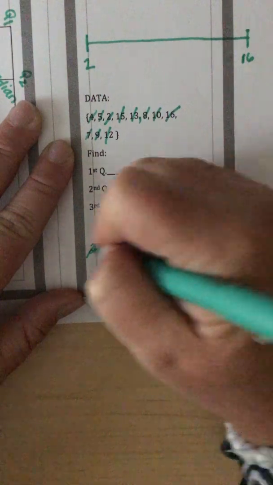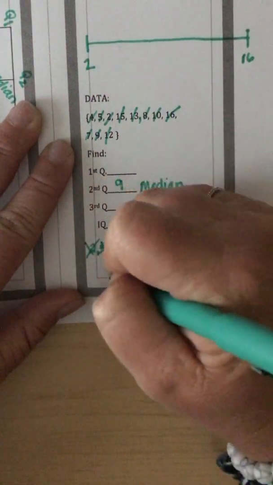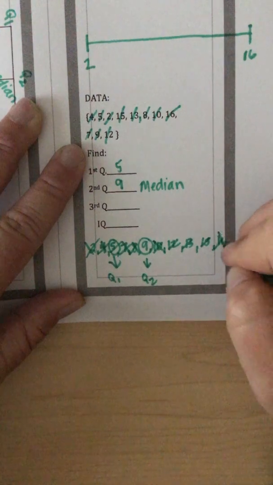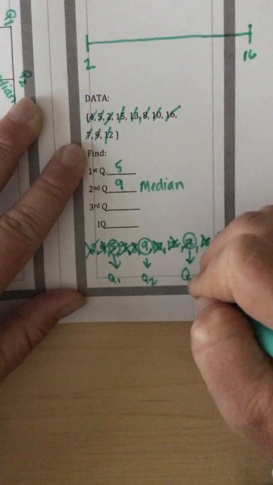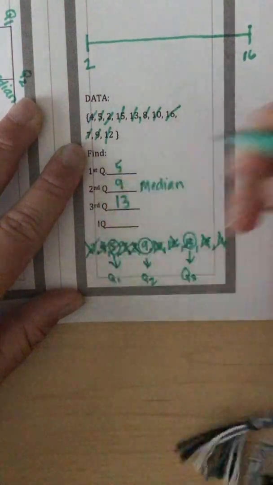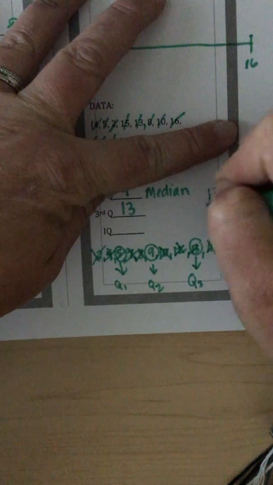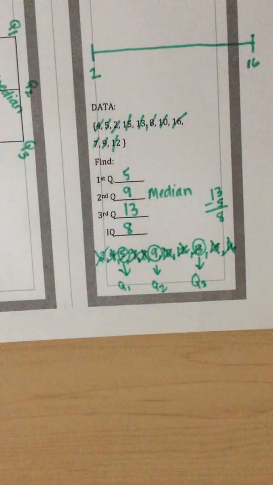And then I'm going to find my Q1, which is 5. So this is Q1, Q2, and Q3, which is 13. To find the IQR, I'm going to do 13 minus 5, which gives me 8.